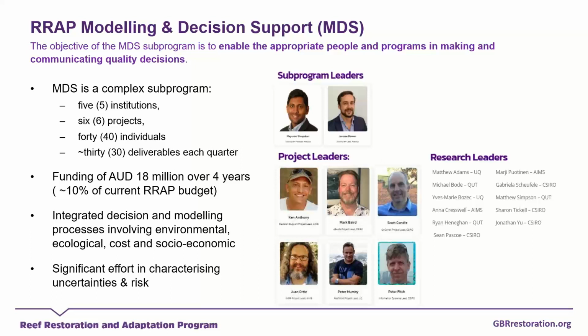The funding is about 18 million Australian dollars over 4 years, and essentially we're looking at integrating decision and modelling, and this involves a whole range of human processes, but also modelling, including environmental, ecological, and socio-economic modelling. And given climate change has quite a lot of uncertainties and risks associated with it, there is quite a significant effort in looking to characterise uncertainties and risk.